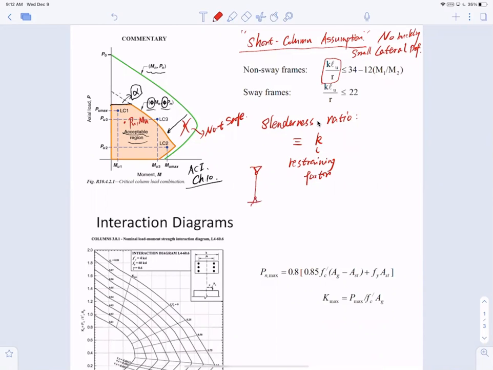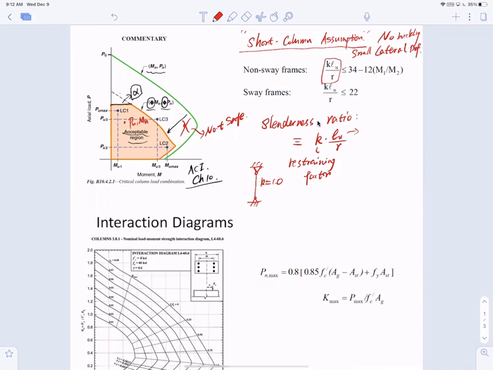For example, if I have a fully fixed column, K is about 0.5, sorry, K is about 1.0. And if I have a half fixed column, I have a different number, and you can look it up. Now, this is multiplied by Lu over r.